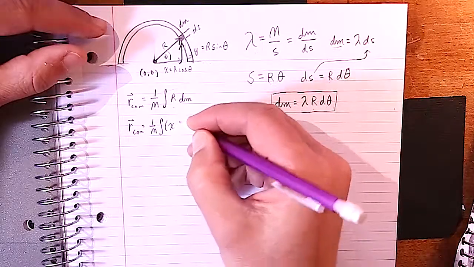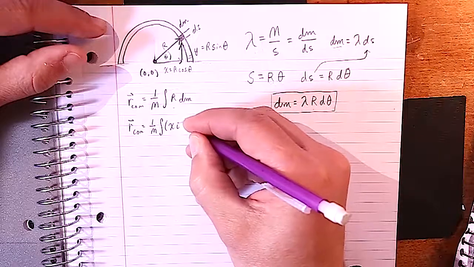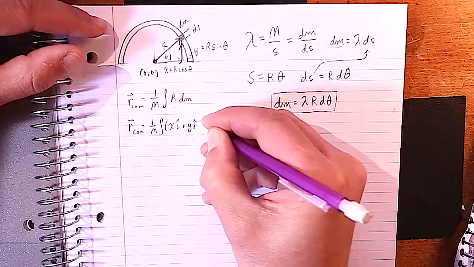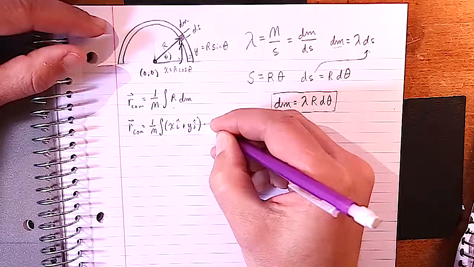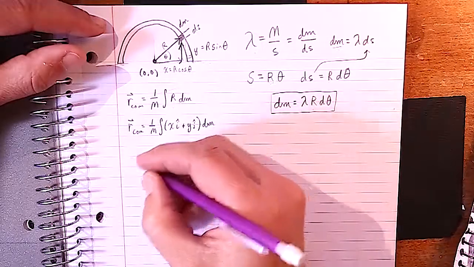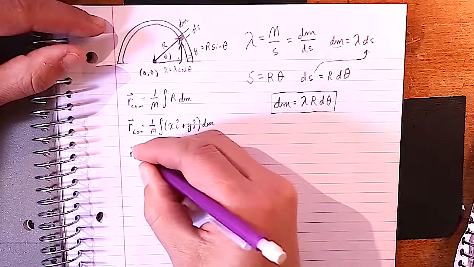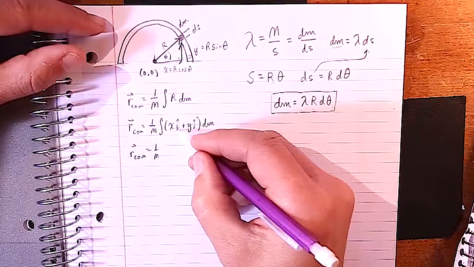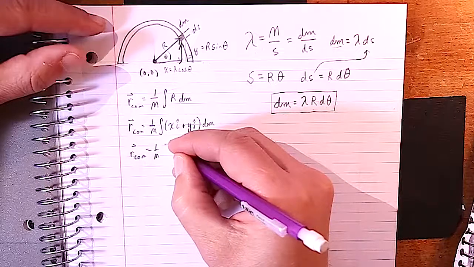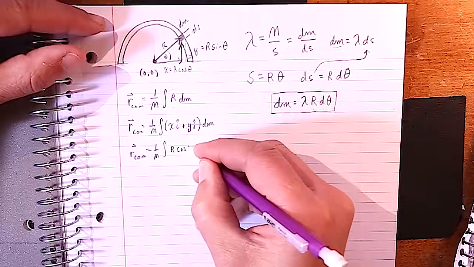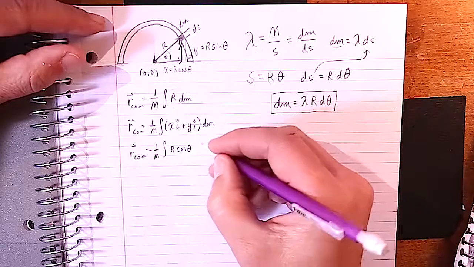It's going to be the vector x in the I hat direction plus y in the j hat direction, and that's going to be all next to dm. So now what we can do is sub in for x I hat, because we know what that is. That is r cos theta and I hat.